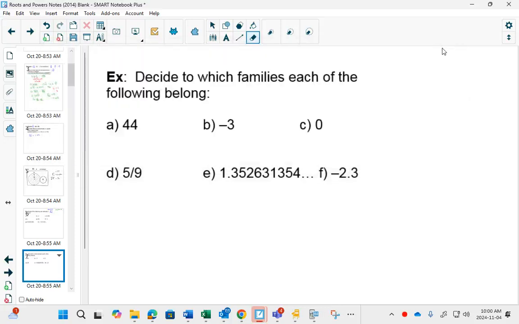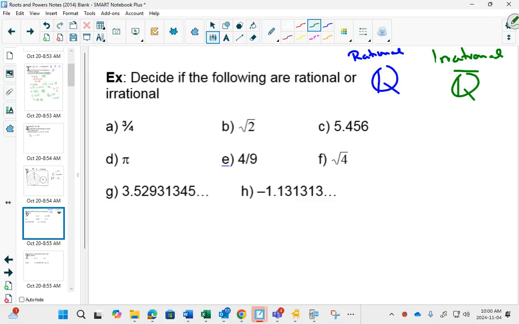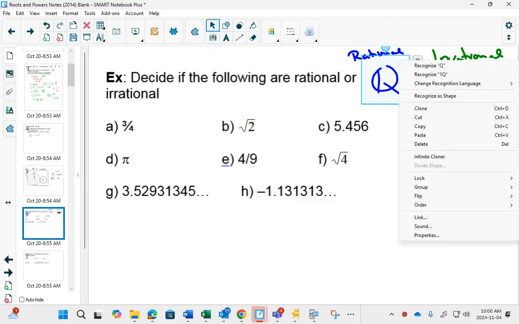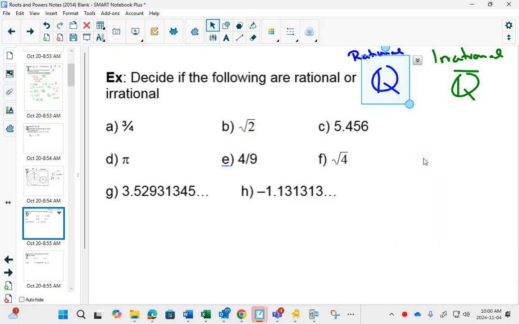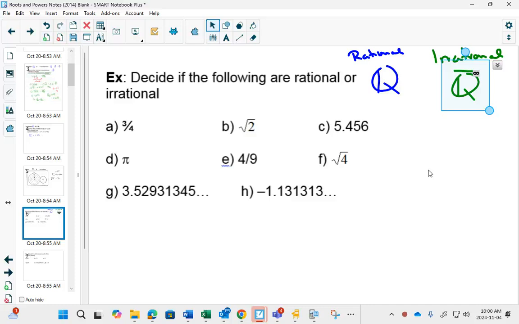So our rational number symbol is a Q, and our irrational number symbol is a Q with a line over top of it. And I'll give you a 30-second head start.